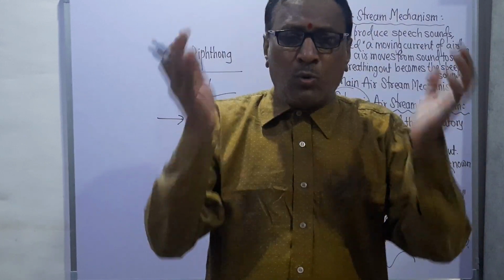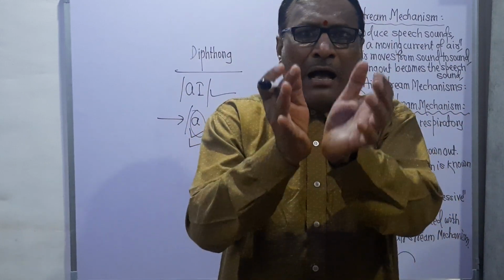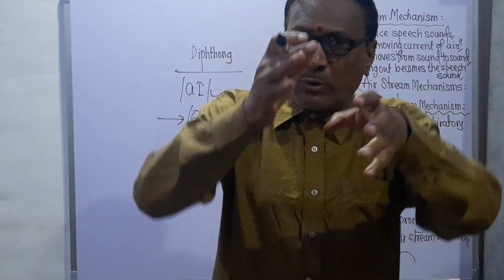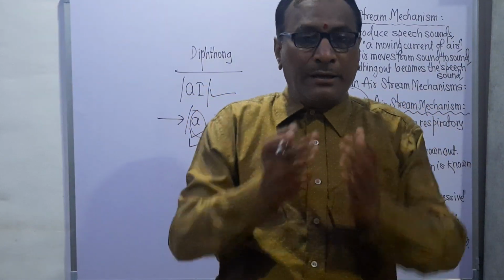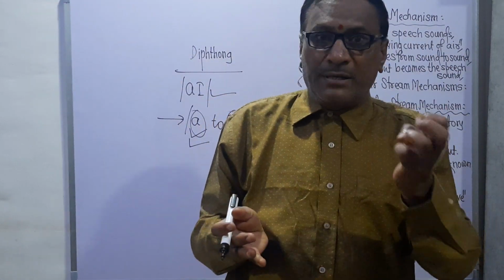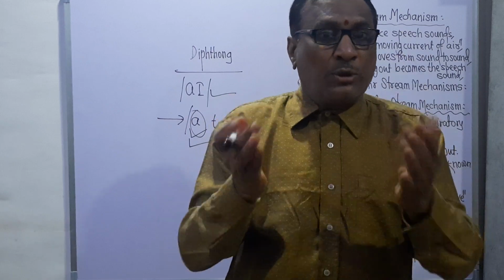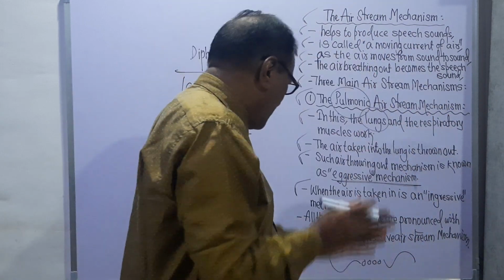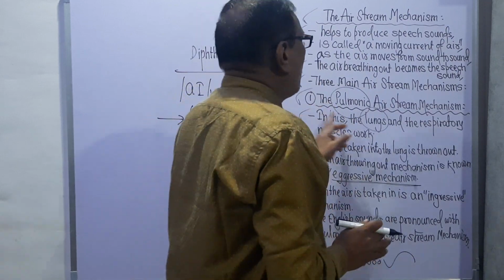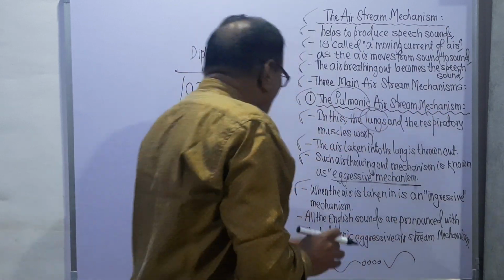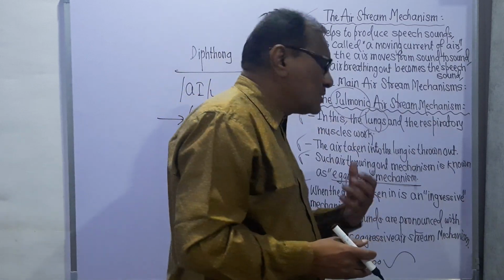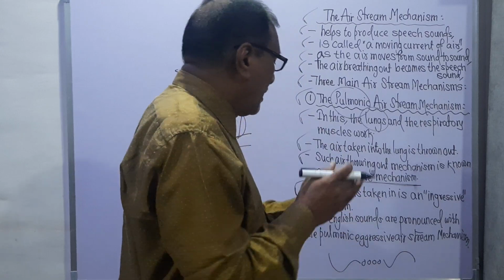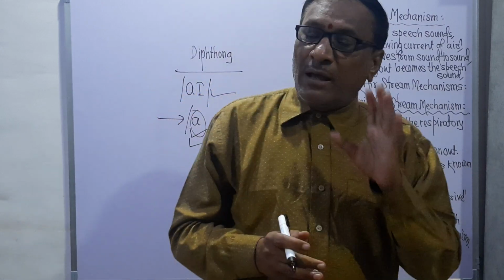All these sounds together are 44 sounds, and these 44 sounds come together and make the airstream mechanism in British Received Pronunciation. So this British Received Pronunciation system has given us the pulmonic airstream mechanism, and all the English sounds are pronounced with the help of the pulmonic egressive airstream mechanism.